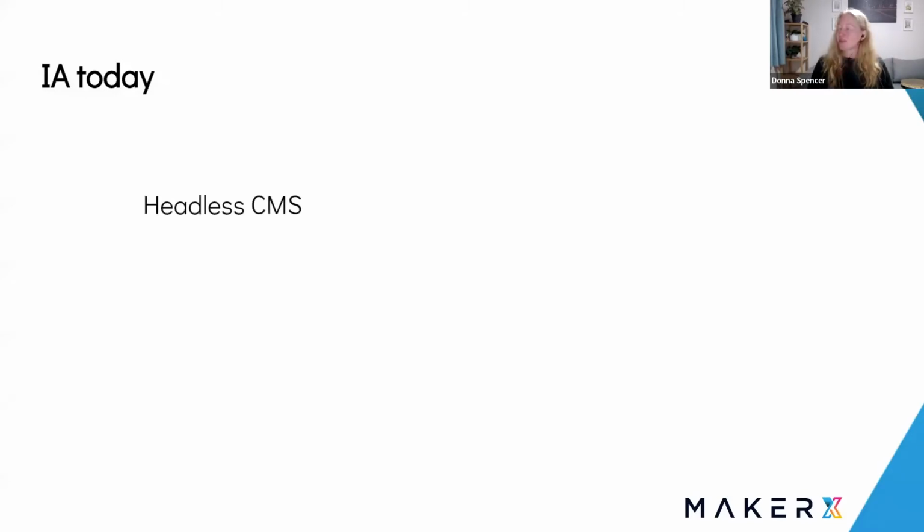So IA now, and even for the last five years, I would say, is quite a different beast to what I described there, with fairly static content and us really helping people with content tasks. One of the places that I see information architecture still existing is in this world of headless CMSs.